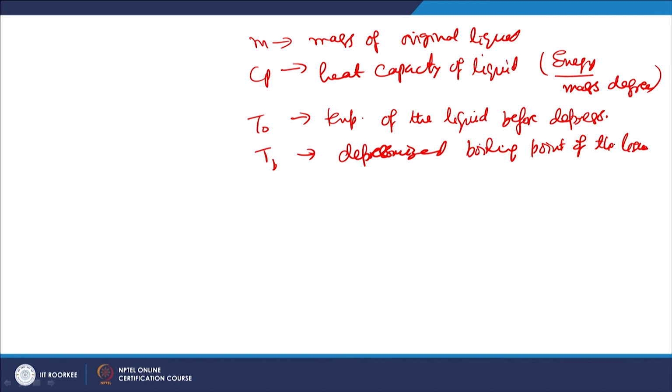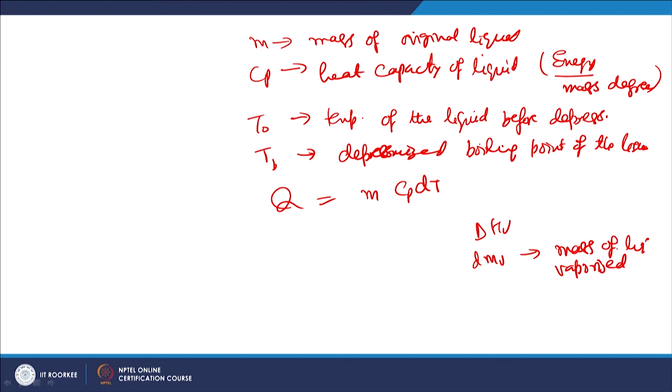So excess energy contained in the superheated liquid may be calculated by this original thermodynamic equation: Q is equal to m Cp dT. This excess energy provides the heat of vaporization, delta HV, for the mass of liquid vaporized, that is dmV.